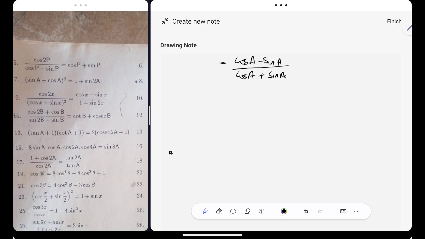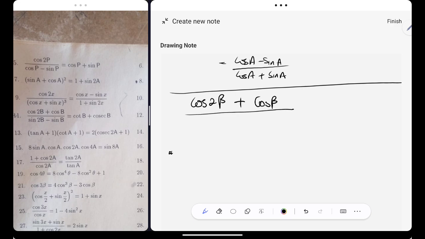Now I'm supposed to show that (cos 2 beta plus cos beta) all over (sine 2 beta minus sine beta) is equal to cot beta plus cosec beta.